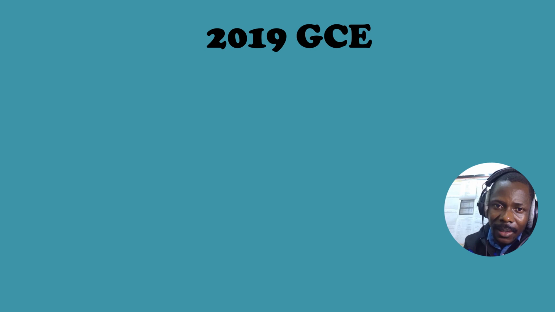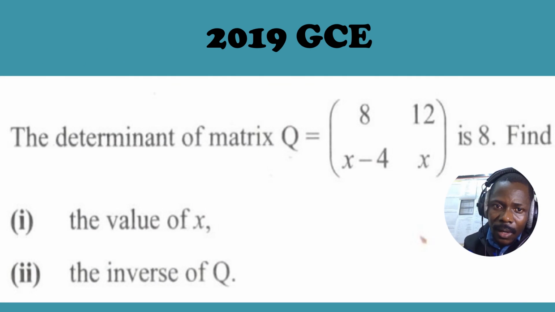All right, let's proceed. Let's look at this question that came in 2019 GCE. The determinant of a matrix Q, of which matrix Q is equal to 8, 12, x minus 4, and x, is 8.